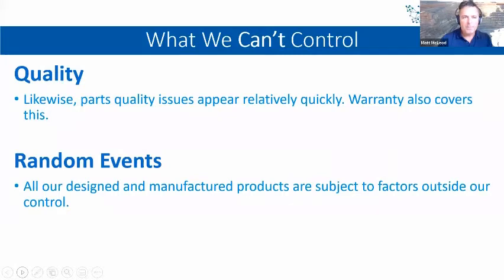Likewise, we don't have an opportunity to affect the quality of particular parts used in the machines. But again, parts quality issues would generally appear relatively quickly, and that's what warranty is also there for. And then, of course, there's a whole lot of random events that are completely outside of our control.